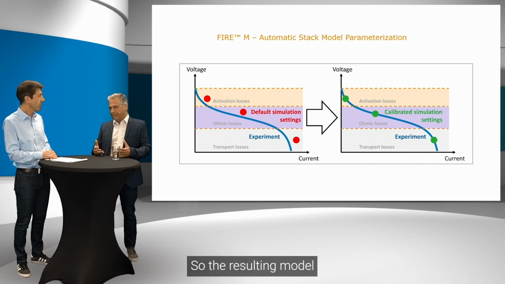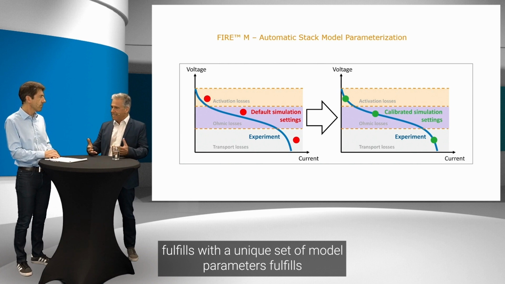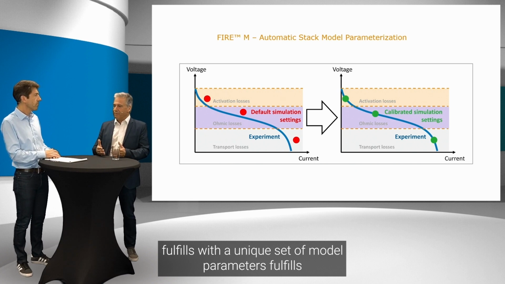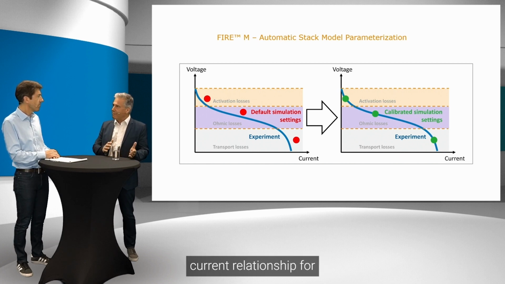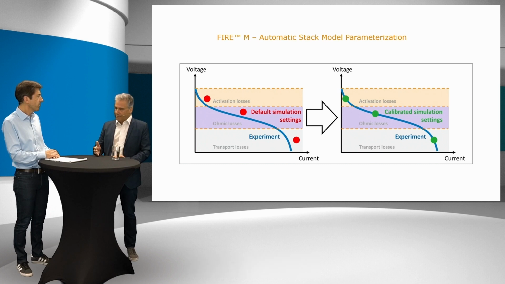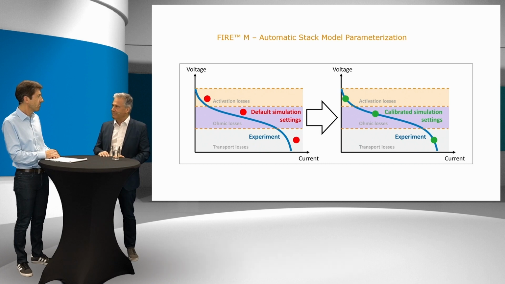So the resulting model fulfills, with a unique set of model parameters, the UI curve, or the voltage current relationship, for the entire operating parameter space under consideration.